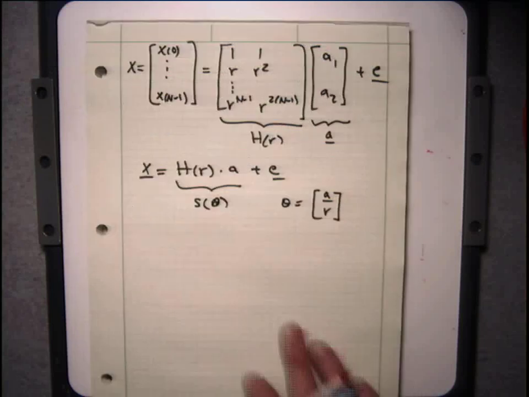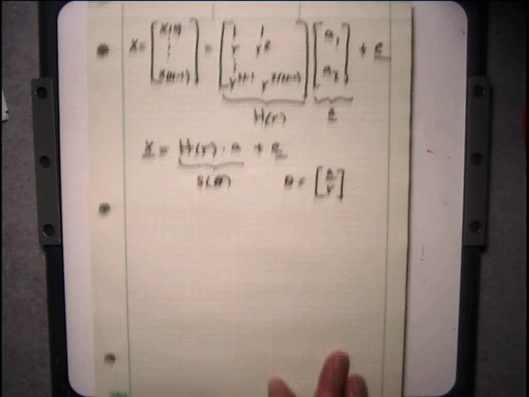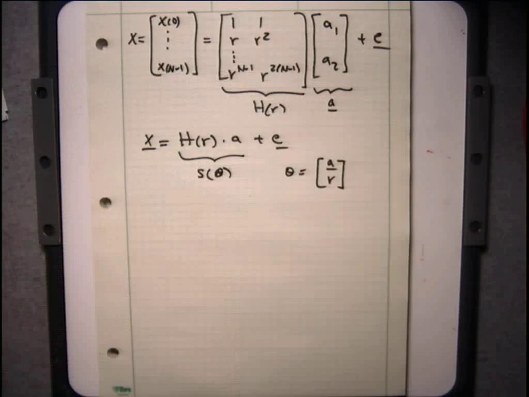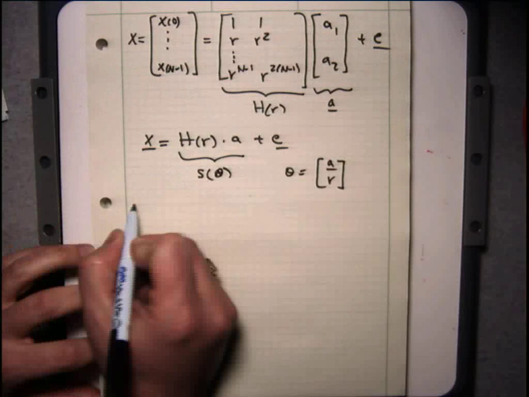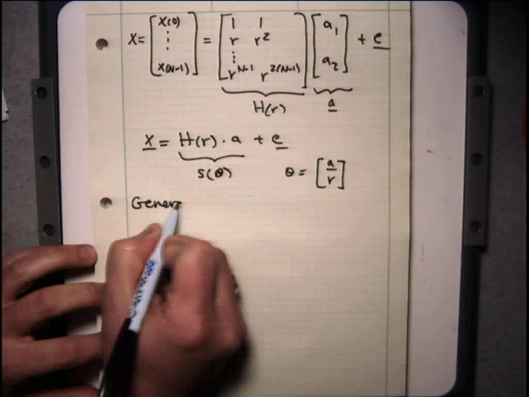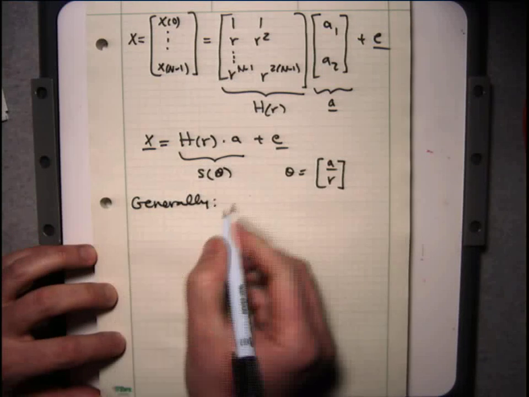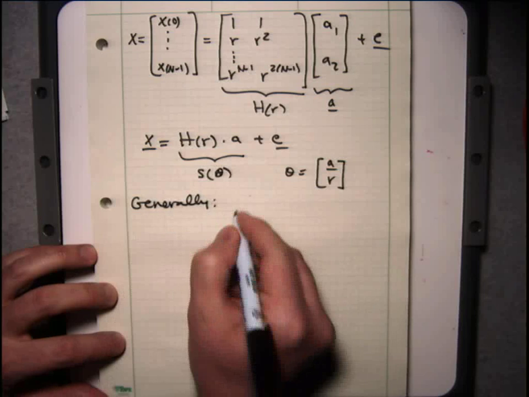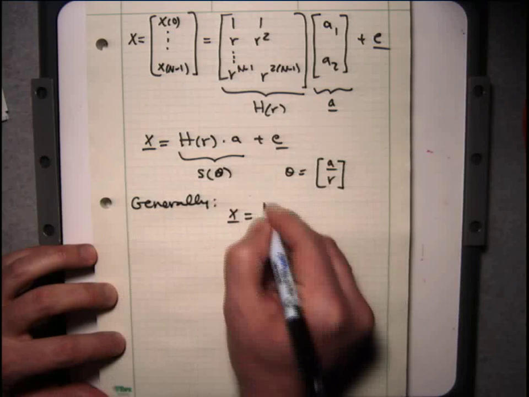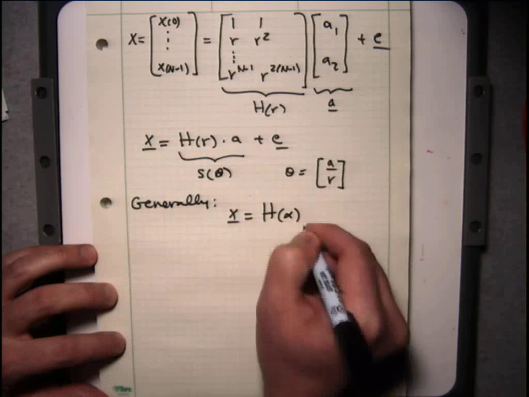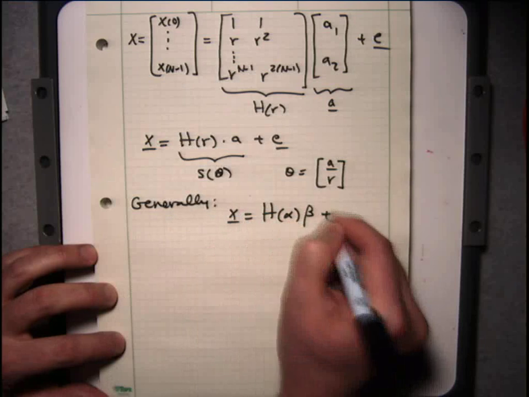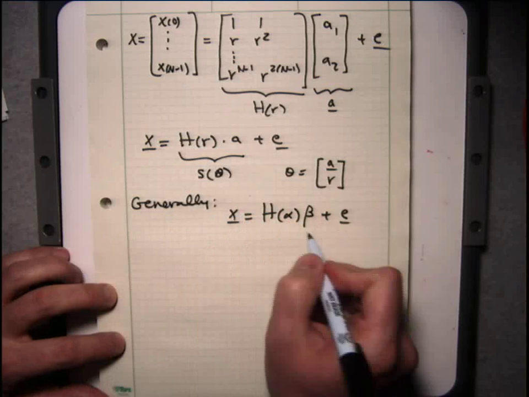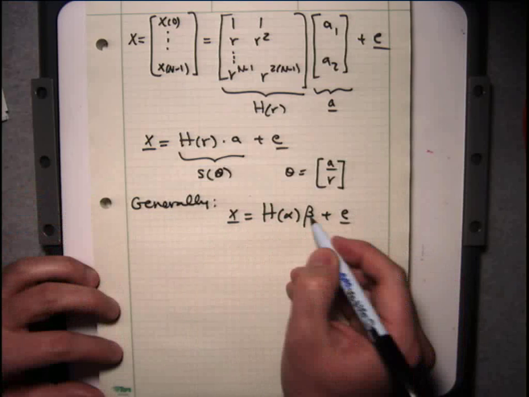So why is this special? This was for this particular example, so let's write it in a much more general way. Generally, what you might end up with is a formulation like this: x equals h of alpha times beta plus error. The parameters of interest are the betas and the alphas.